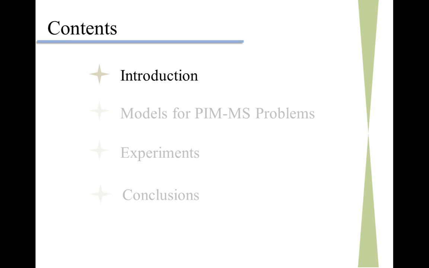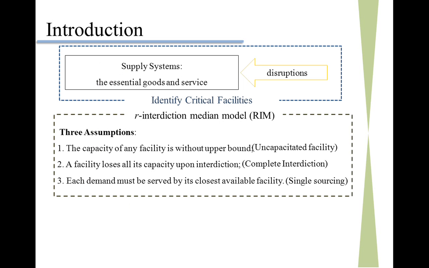First, introduction. Supply systems undertake the important responsibility of supplying essential goods and services. Because of potential disruptions, facilities in supply systems may become disabled, which has serious consequences on the whole society.